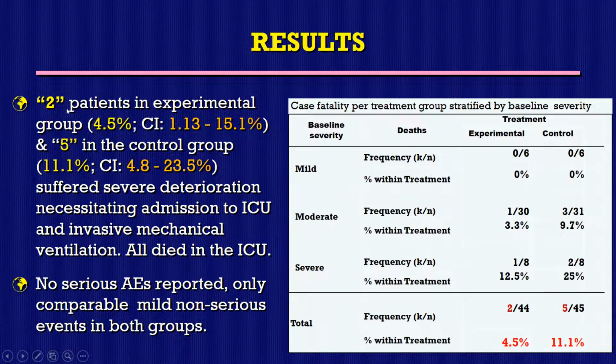Two patients in experimental group versus 5 in the control group suffered severe deterioration necessitating admission to intensive care unit and invasive mechanical ventilation, and all died in the ICU. No serious adverse events reported, only comparable mild non-serious events in both groups.